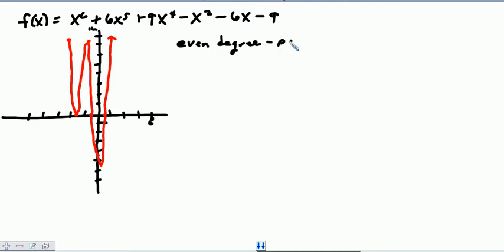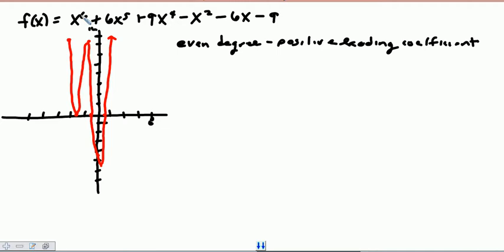So we not only have an even degree, we have a positive leading coefficient. Now we can tell that from our graph. We can tell that from our equation. If we look at our equation, we have an even degree, positive leading coefficient. We know it goes up on both ends. We can do that backwards. We can look at our graph, and we know it goes up on both ends. Therefore, it is even degree, positive leading coefficient.